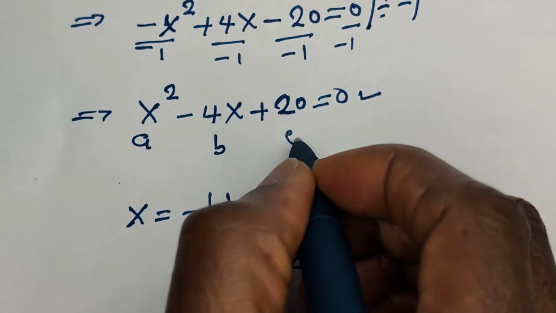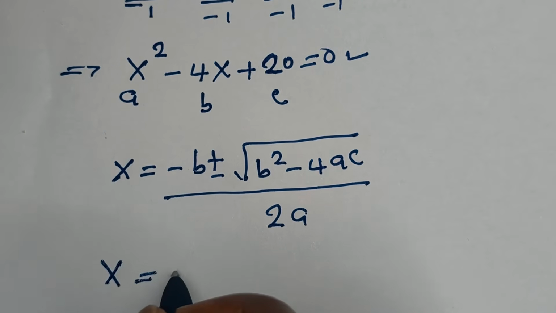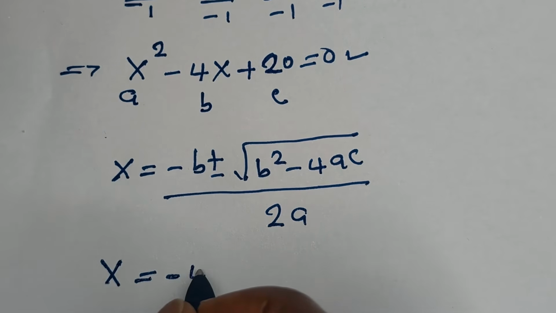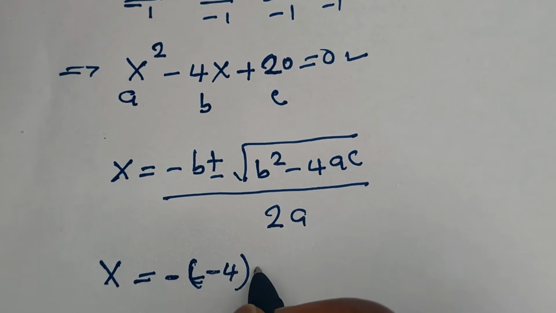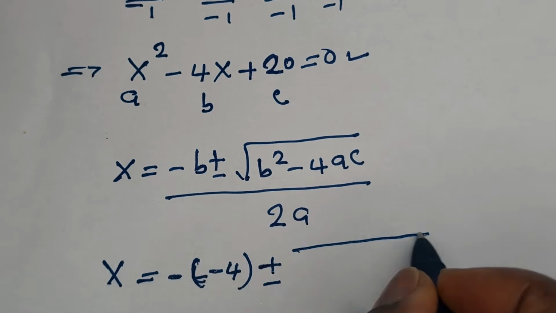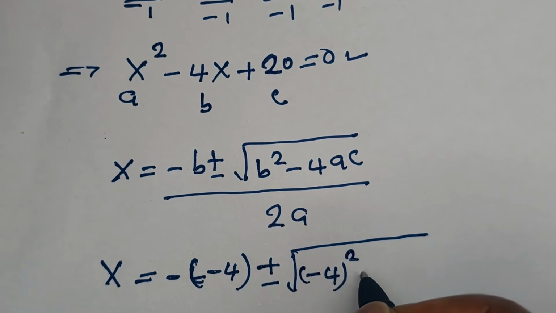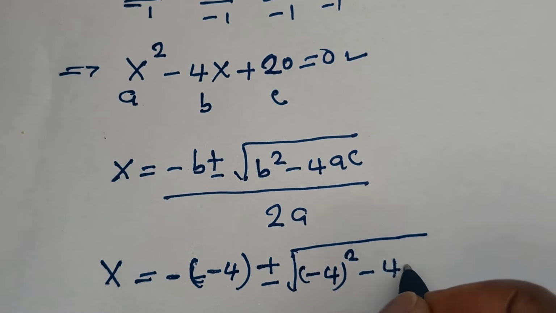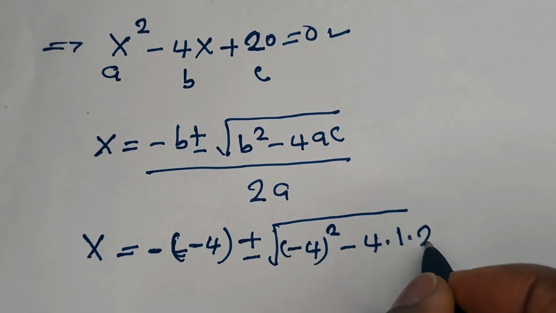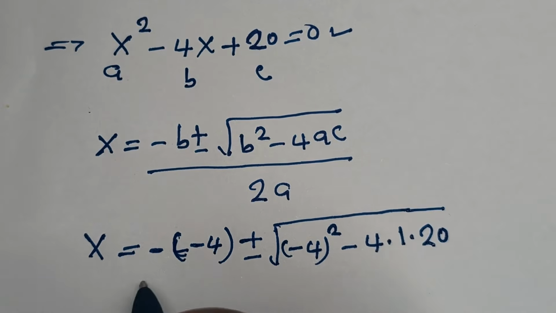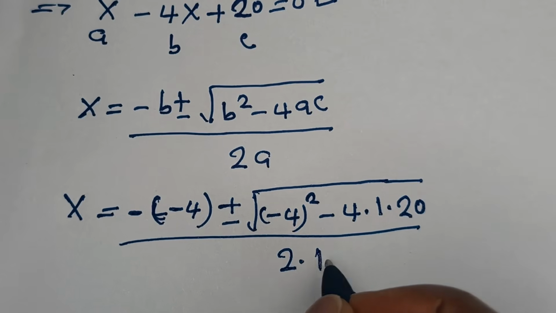And this is c, which is the constant. s is equal to minus bracket minus 4 plus or minus square root of minus 4 squared minus 4 multiplied by 1 multiplied by c, which is 20, over 2 multiplied by a, which is 1.